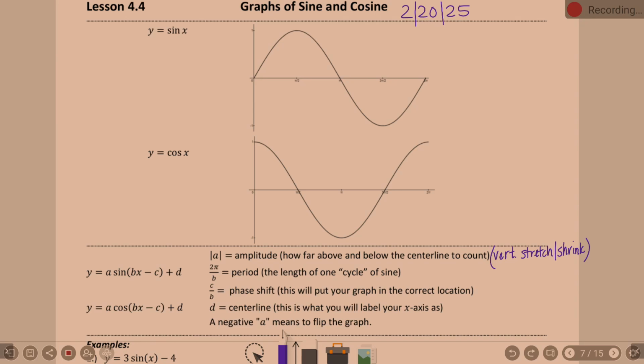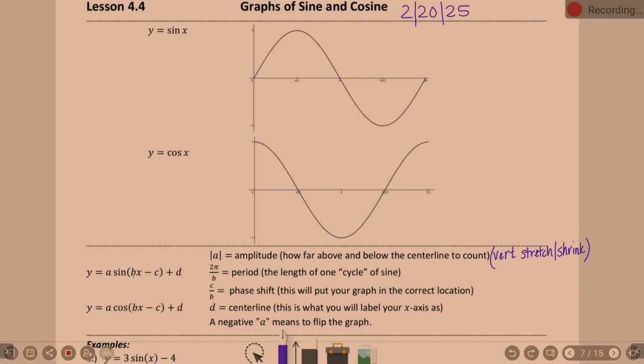One of the things we're going to talk about is finding the length of the period, okay? A typical period is just 0 to 2 pi. That's how long it takes us to complete one curve. Now, that's going to change sometimes. 2 pi over b, where b is your coefficient of x, that's going to be the length of one cycle. Now, the idea is one cycle is normally 2 pi.